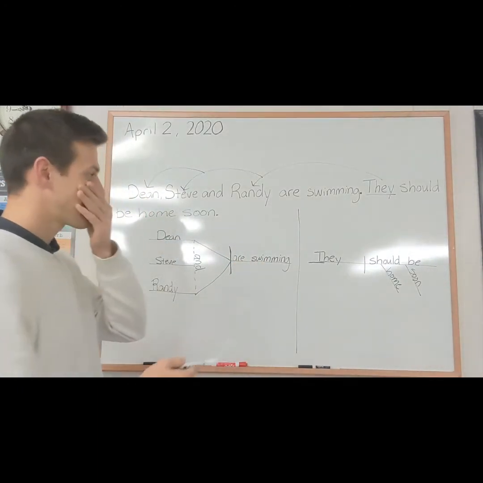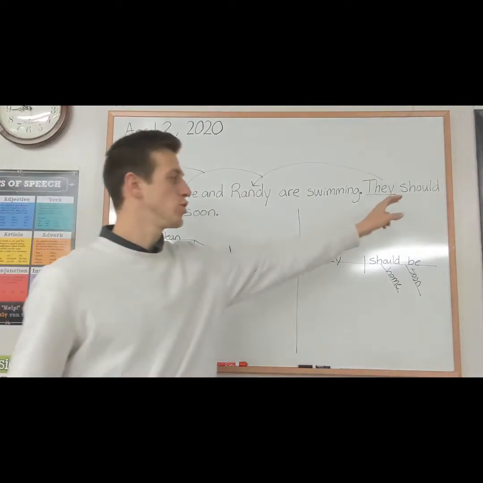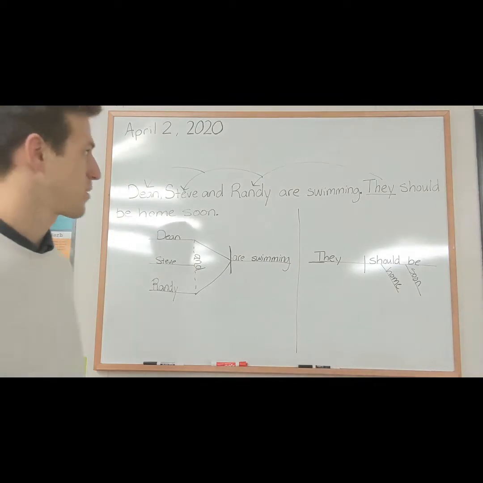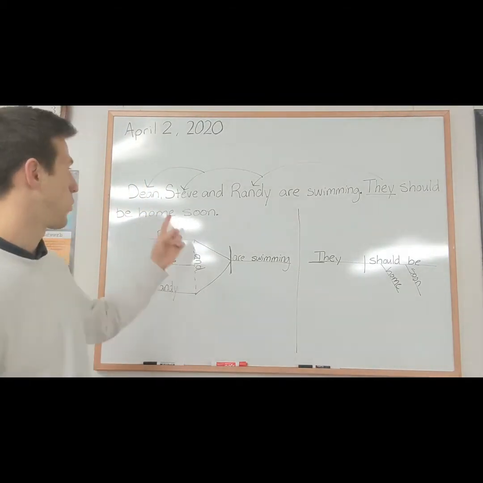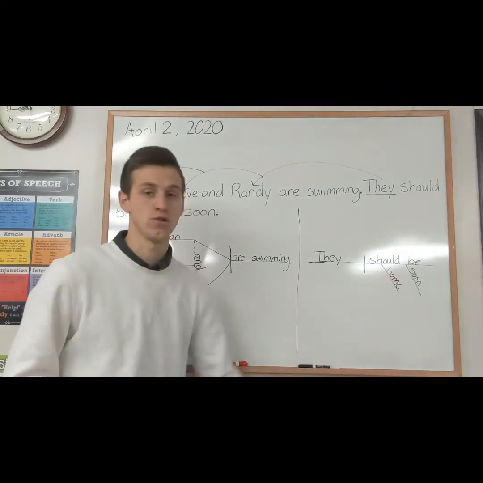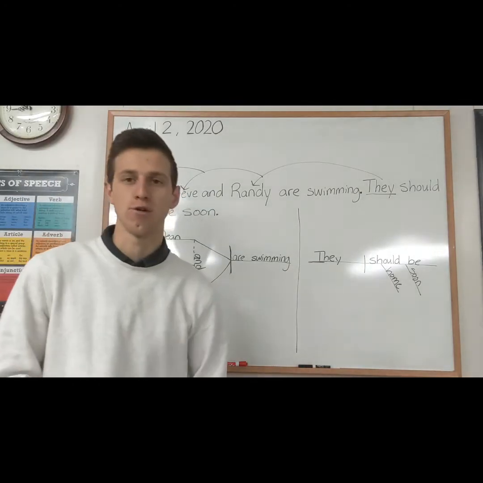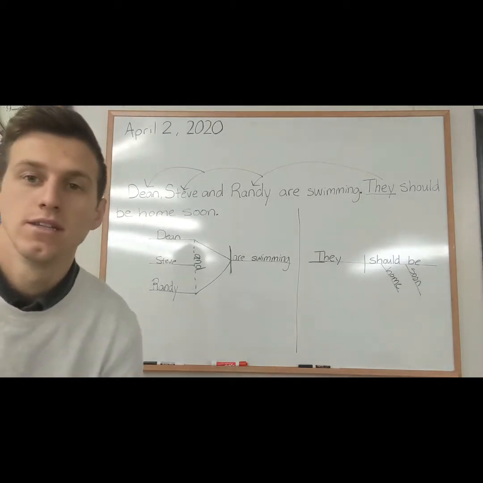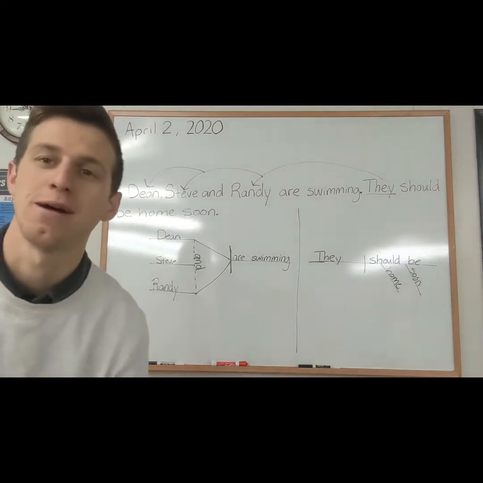And for the last sentence, they would be our subject, and then should be would be our verb, our helping verb and our being verb, and then should be how, when, and where. They should be where, they should be home, and when, they should be home soon. So those are both adverbs that would go underneath our verb. All right, if you got those all right, good job if you got them all right.